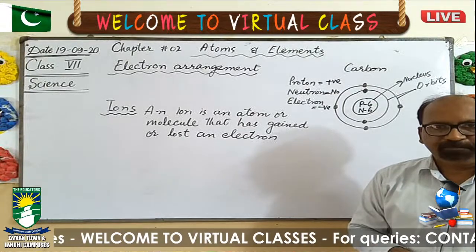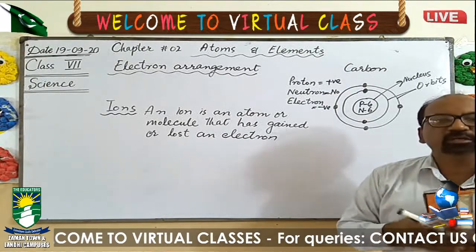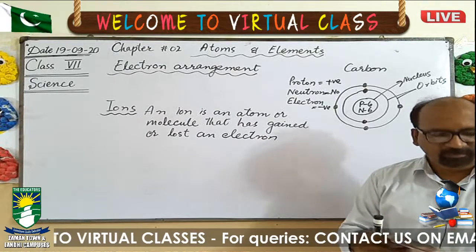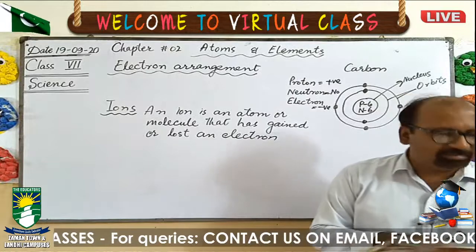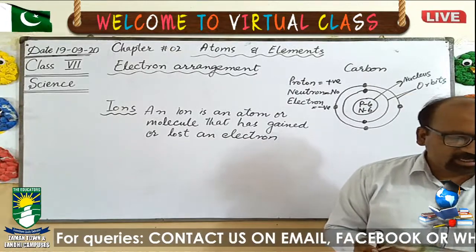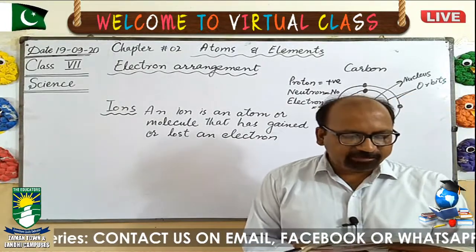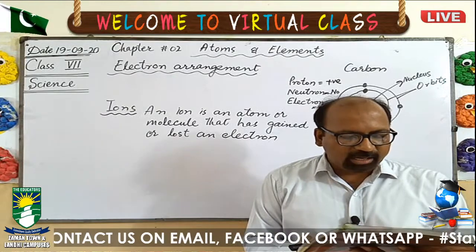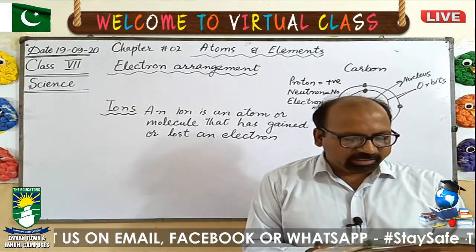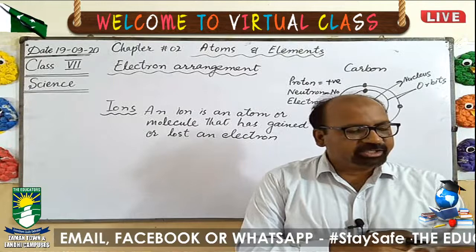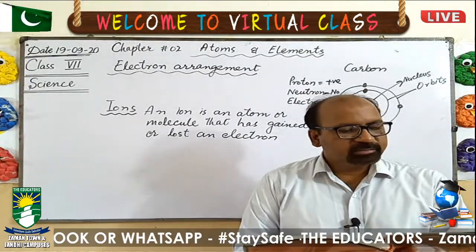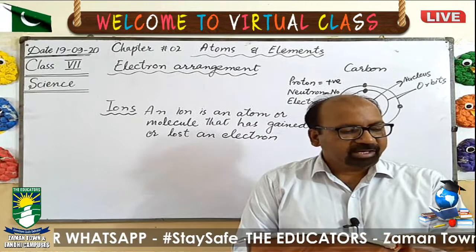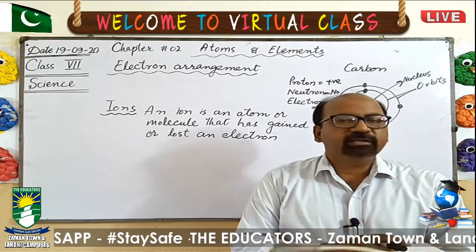For example, if we talk about the first 20 elements which are present in your periodic table at book page number 16, these are hydrogen, helium, lithium, beryllium, boron, carbon, nitrogen, oxygen, fluorine, neon, sodium, magnesium, aluminium, silicon, phosphorus, sulfur, chlorine, argon, potassium, and calcium.